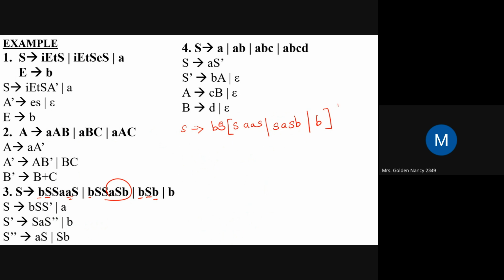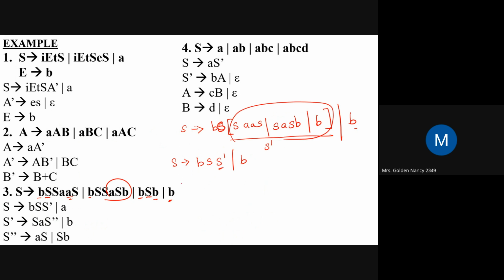And one more production, which I'm not taking as common, so I'm putting it separately. This will be my S dash. So my S production is BS followed by S dash, instead of this bigger term, and or b. Now I have defined my S.